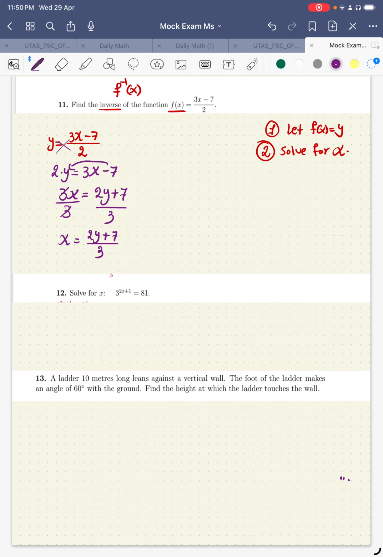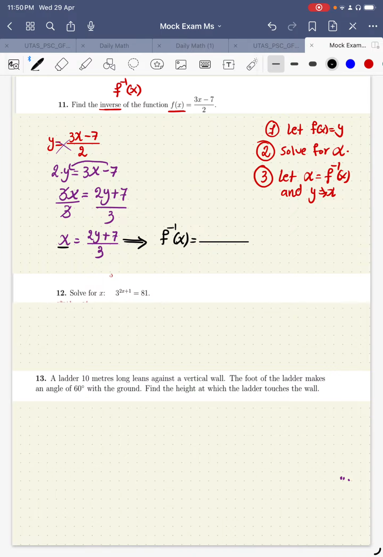So now we did solve for x. What I'm gonna do here, number 3, I'm gonna let x equal the inverse function of x and y equal x. Instead of writing x, I'm gonna write the inverse function of x, and also I'm gonna change every single y to what? To x. So 2x plus 7 over 3.